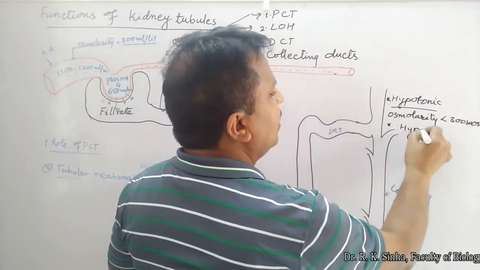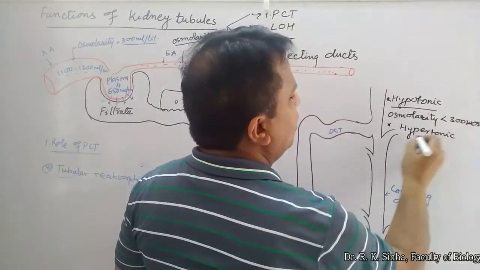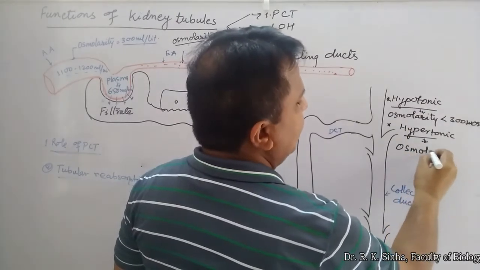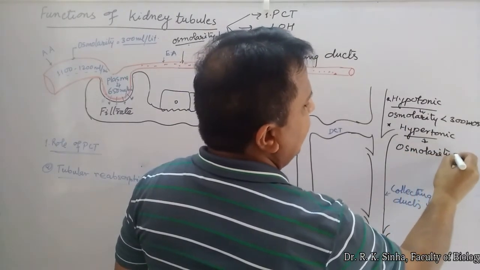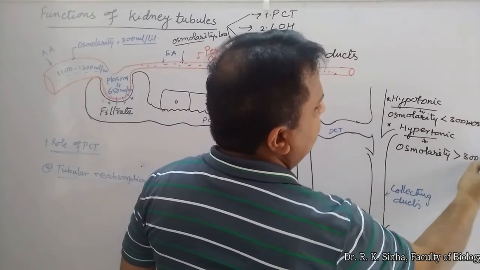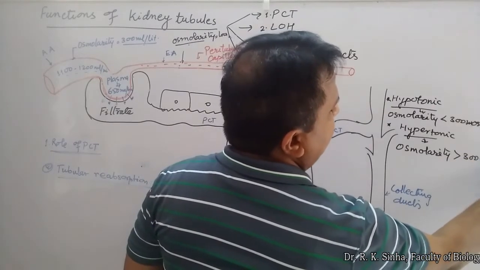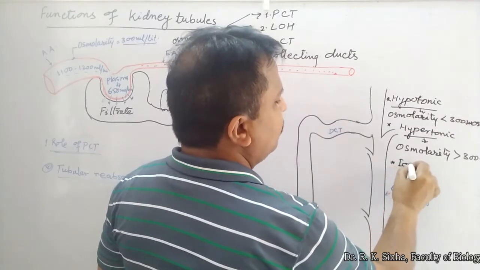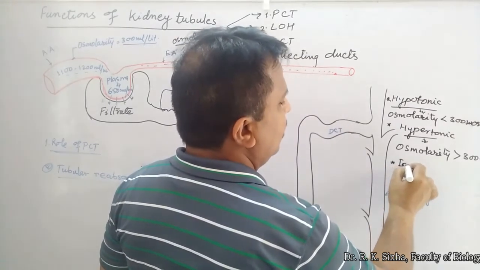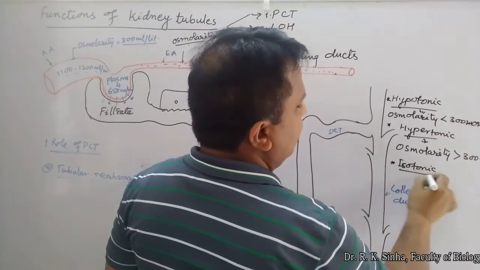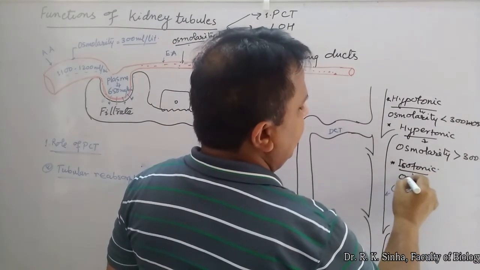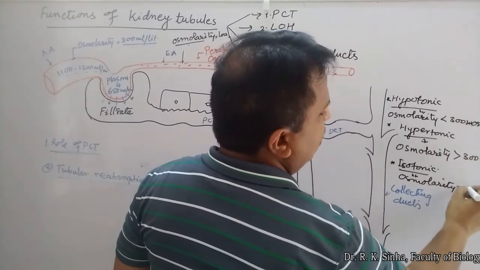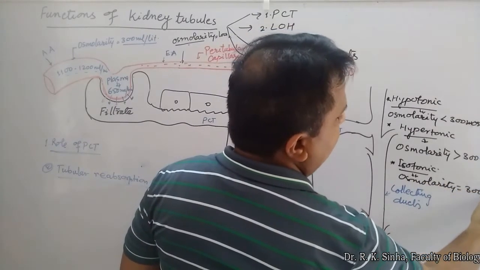Hypertonic means osmolarity greater than 300 milliosmol per liter, and isotonic means osmolarity is equal to 300 milliosmol per liter.